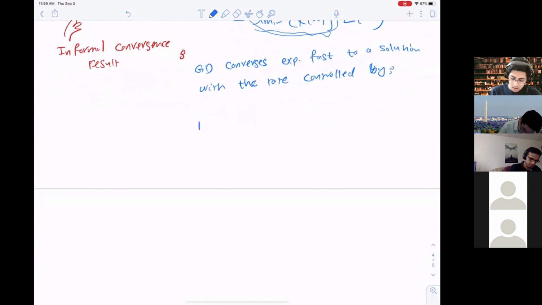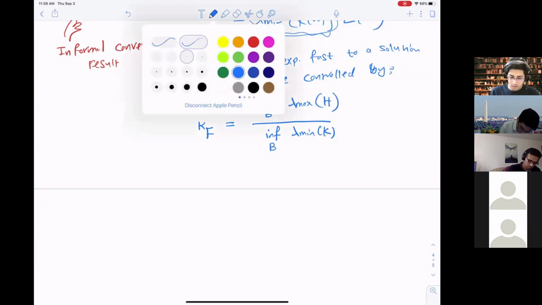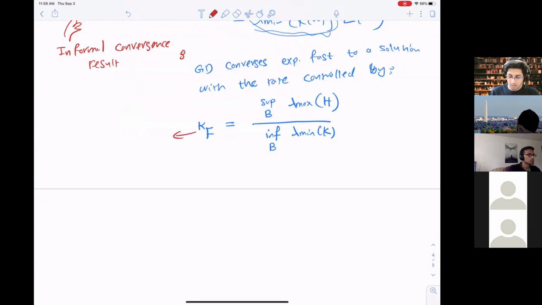We define a condition number for the set of nonlinear equations that we have. The denominator is the minimum, or infimum, of the eigenvalues of my tangent kernel over that ball that I'm considering. But in the numerator, I have the supremum of my curvatures, the maximum eigenvalue of my Hessian within that ball. So this is called the condition number.